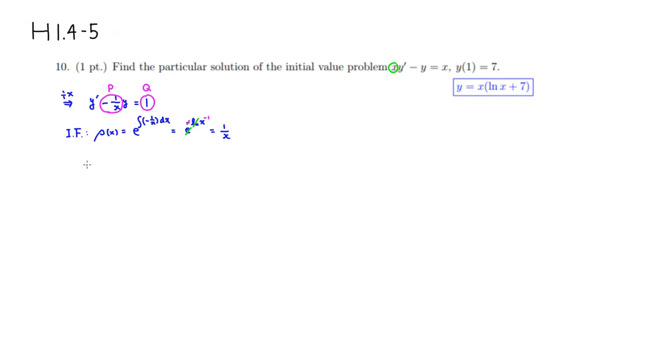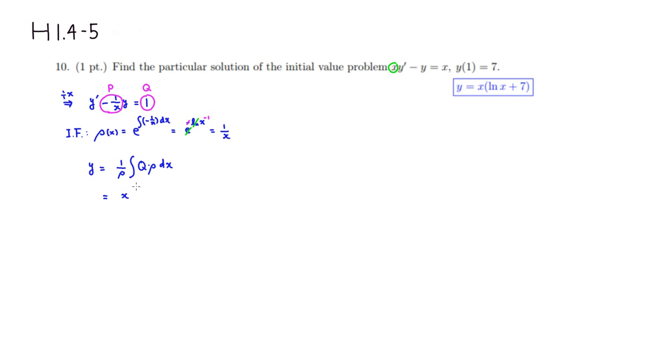So therefore, y is going to be equal to, remember that the formula is 1 over rho times the integral of q times rho dx. Let's put it in. 1 over rho, so the reciprocal of rho is 1 over x, and the reciprocal of that is simply x.